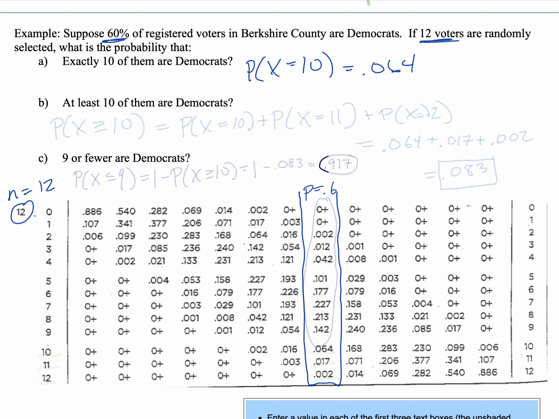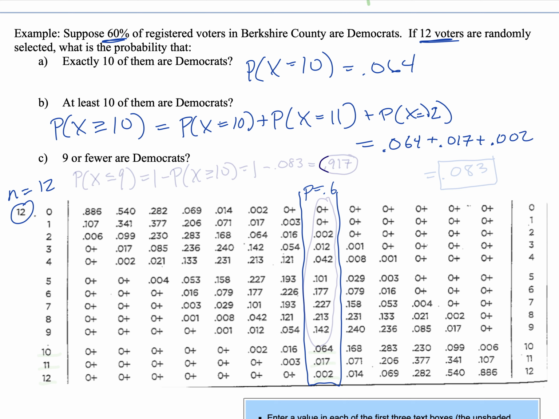And so what's the probability that at least 10 of them are Democrats? The probability that x is greater than or equal to 10 is the probability that x is equal to 10 plus the probability x equals 11 plus the probability that x is equal to 12. So the probability that x is 10 is 0.064, plus the probability that x is 11 is 0.017, plus the probability that x is 12 is 0.002.